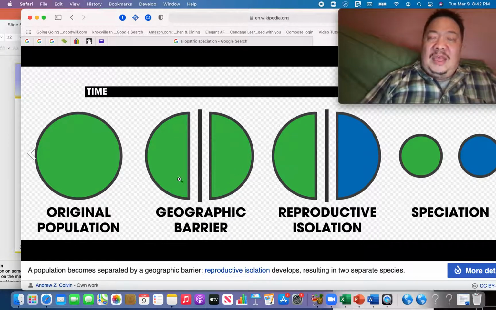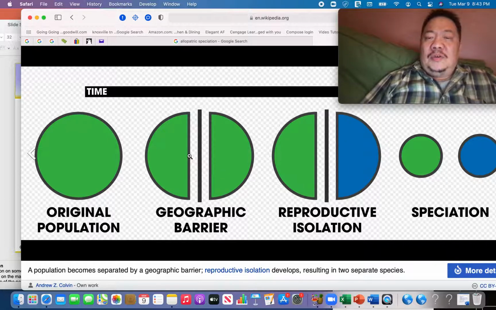If you think about it, this subgroup here would no longer have reproductive access to the ones over here, because the mountain range is between the two. It'd be very difficult for turtles to climb thousands of feet over the mountains to get to the other side.